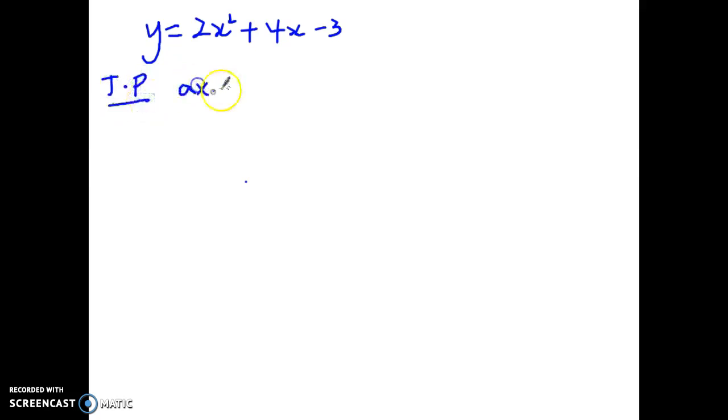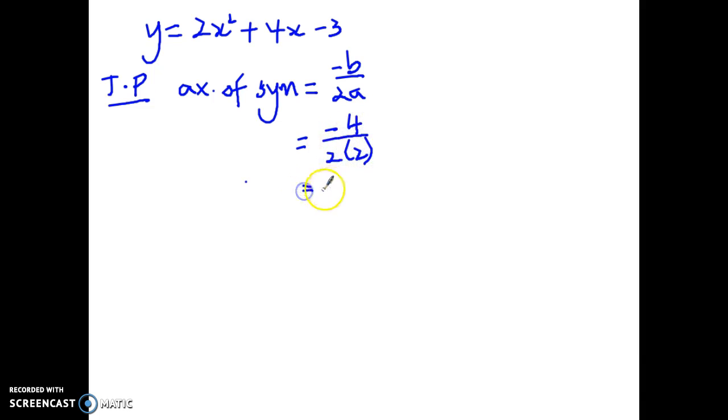So let's have a look. 2x squared plus 4x minus 3. For our turning point, we need the axis of symmetry, which is minus b over 2a. So I have minus 4 over 2a, which is minus 1. So my x value of my turning point is at minus 1.